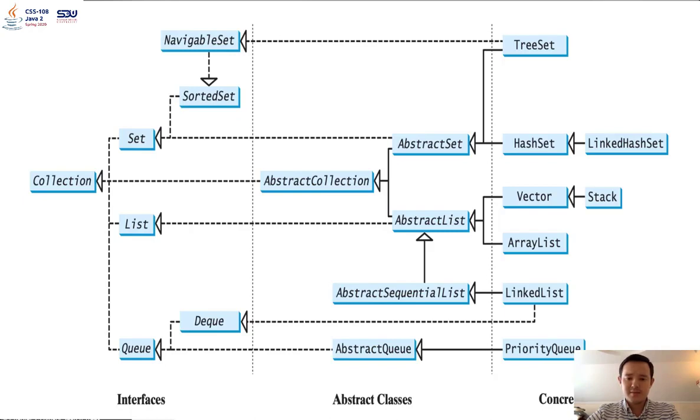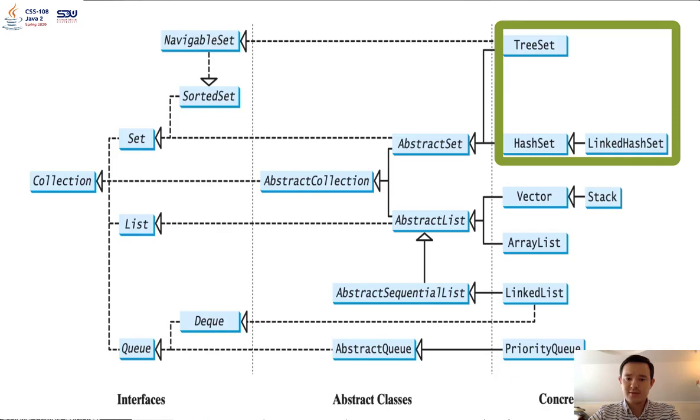Now, these classes are not the only classes in the Java collections framework. The Java collections framework also contains maps. We're going to be studying maps in our next video lecture. So let's first look at the concrete classes and what these classes are.